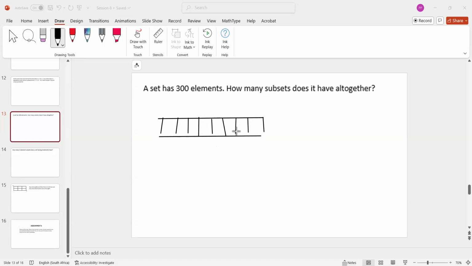All right, so I've got 8 elements, and I want to create a subset from 8 elements. So let's just name the elements: A, B, C, D, E, F, G, H.